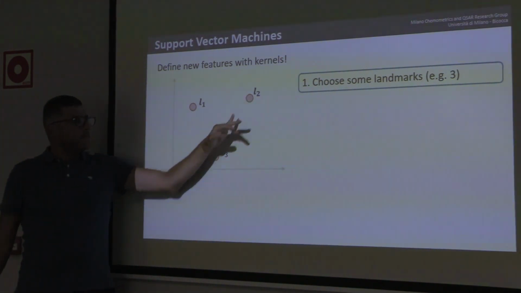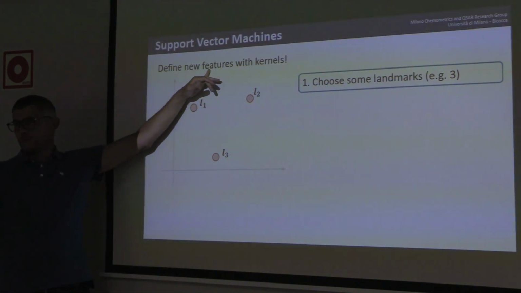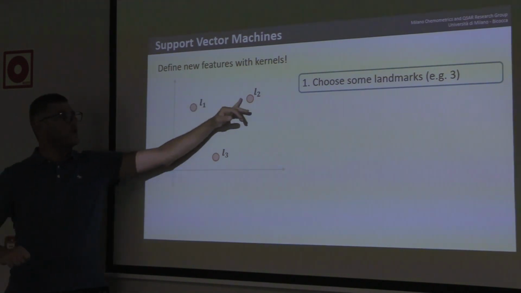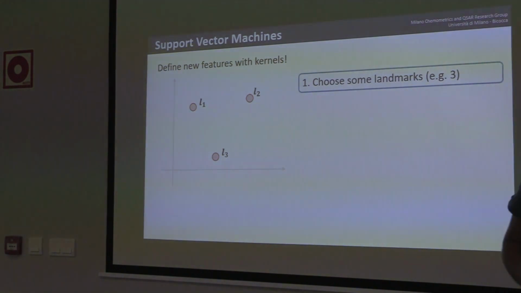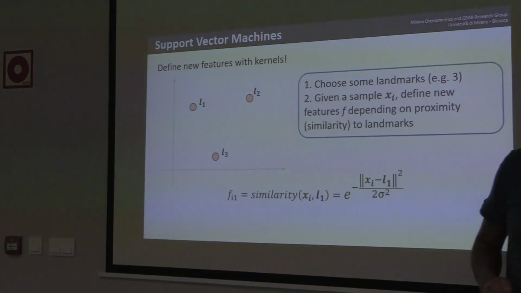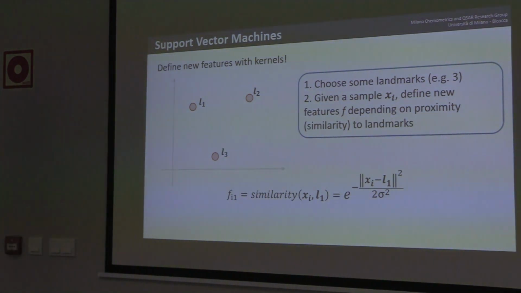By means of these 3 landmarks, we will define 3 new features, 1 for each landmark. How? Let's take one sample.